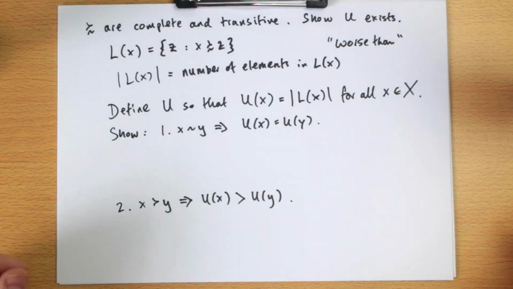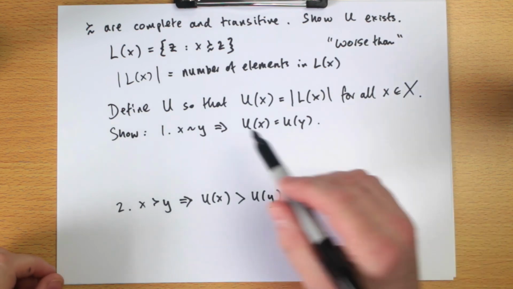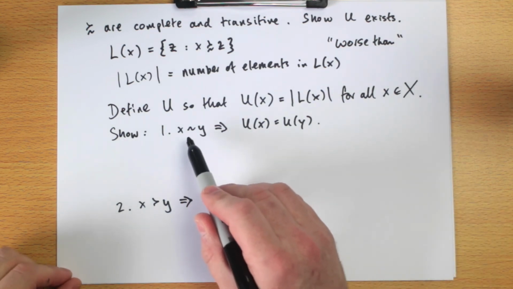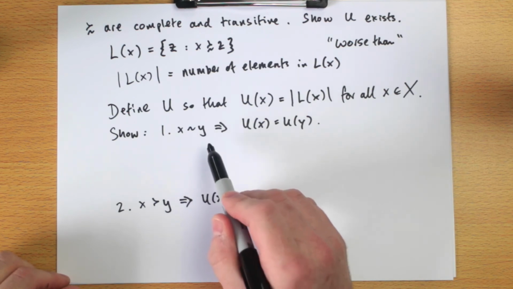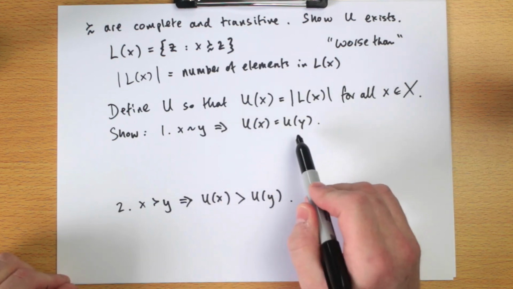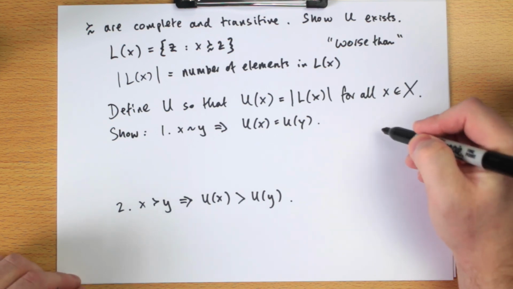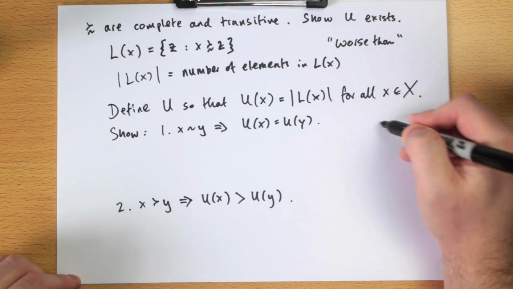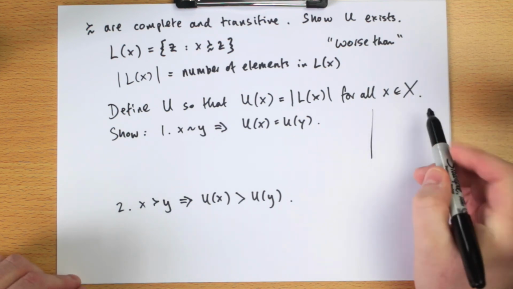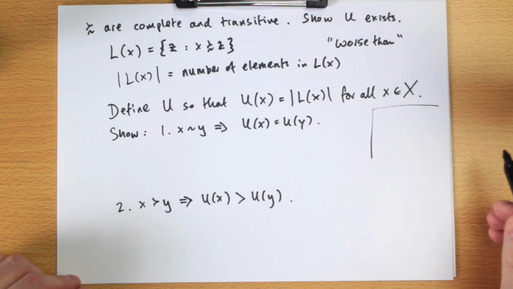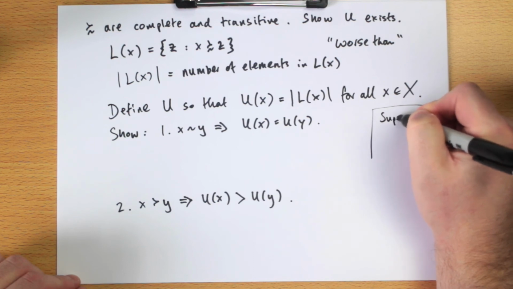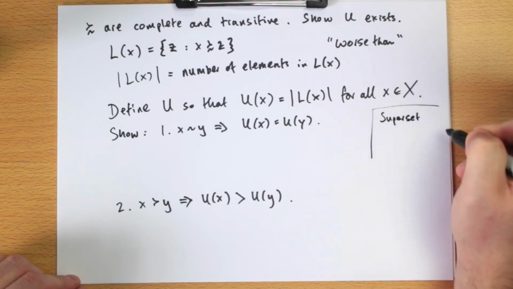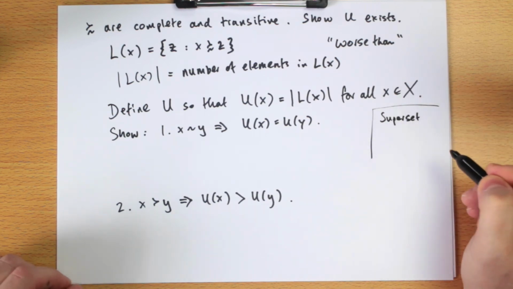Okay, so let's complete the proof of this. We want to show that if the decision maker is indifferent between x and y, then the utility number is the same. Let's just quickly remember one set theoretic concept. I'll make a little note over here so we remember this. The idea of a superset, I know this should be familiar, but what's the definition?